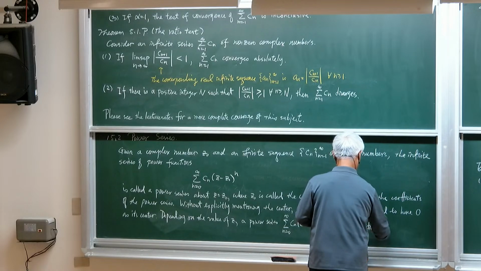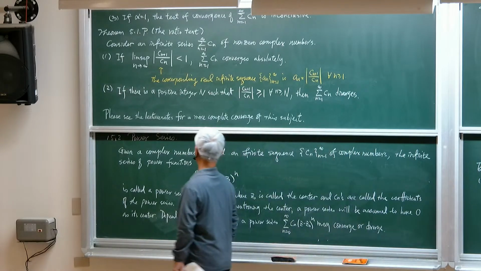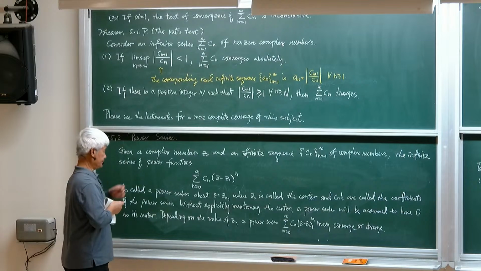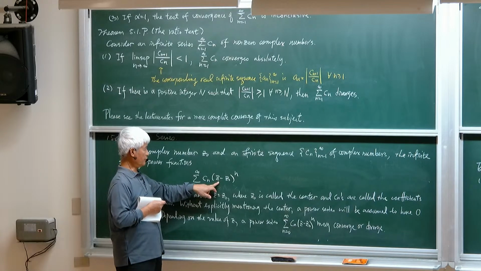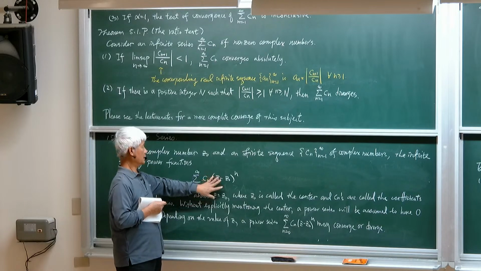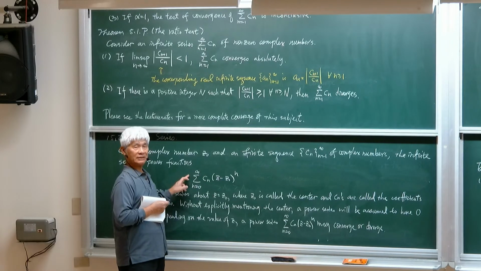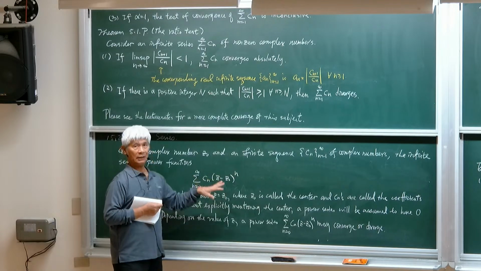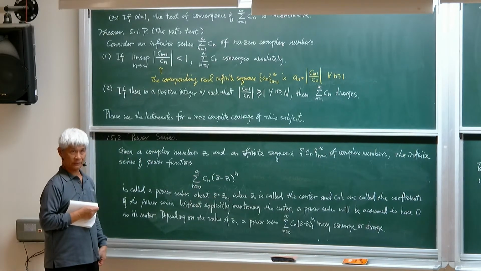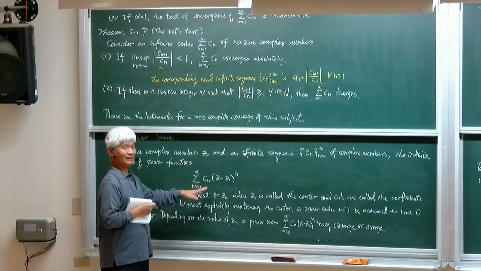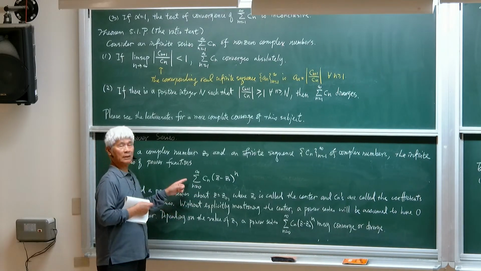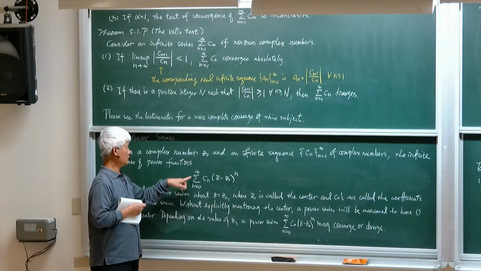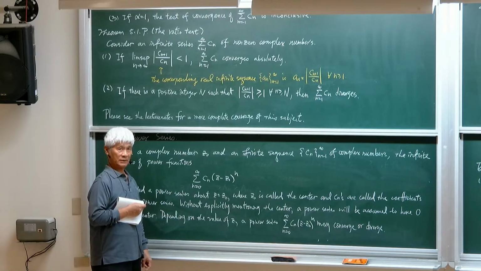If we assign a specific value for z, then this becomes an infinite series of complex numbers, and we may ask about the convergence of such an infinite series of complex numbers.